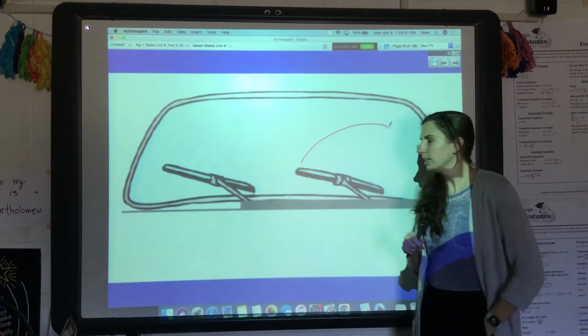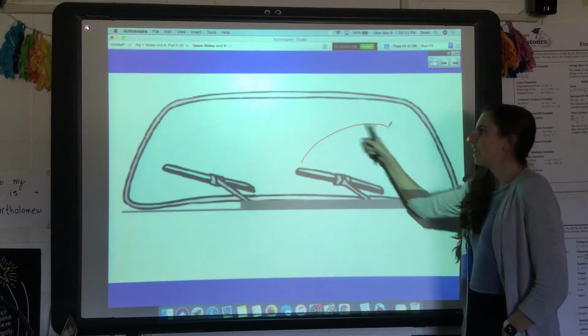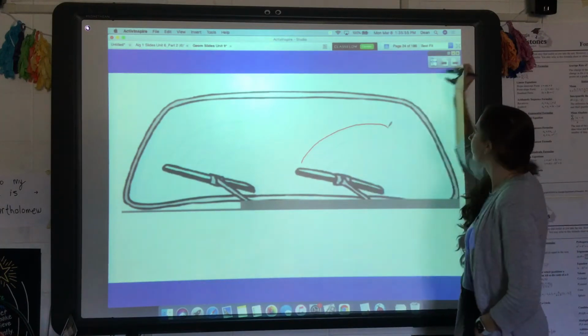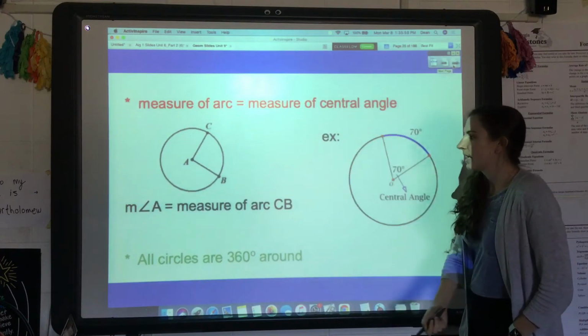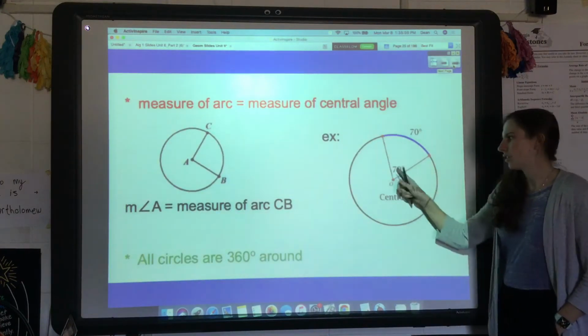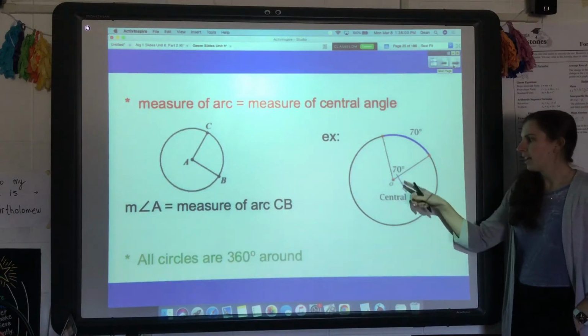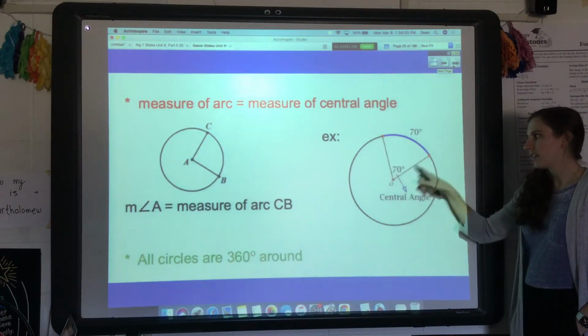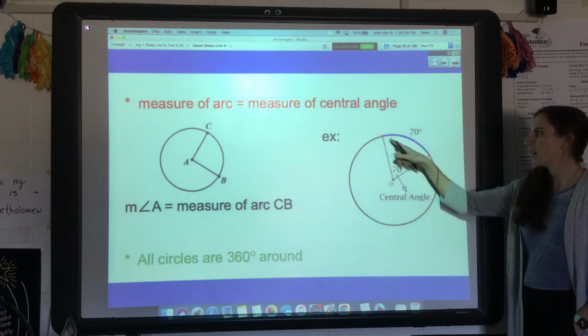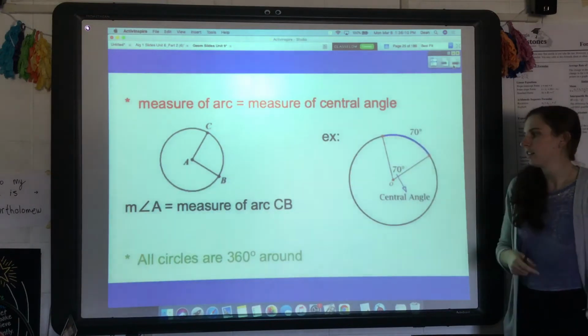What we're going to talk about today is the angle measure of the arc. The way you find these is it literally just matches the central angle. So let's say this central angle here is 70 degrees, then the arc is also 70 degrees.